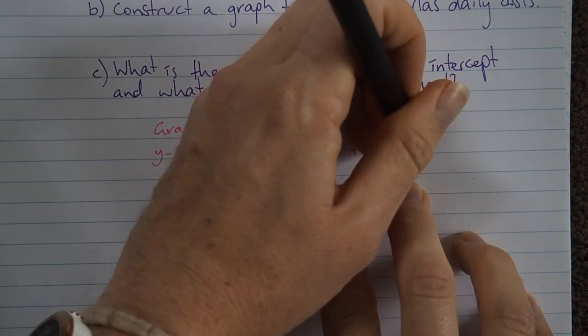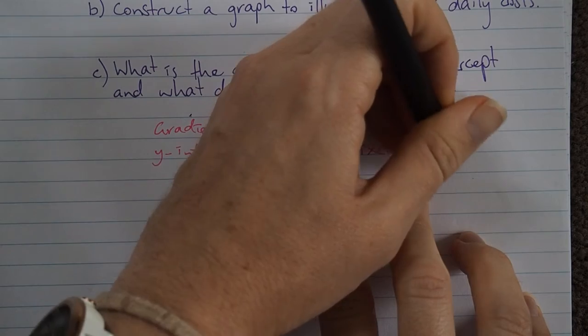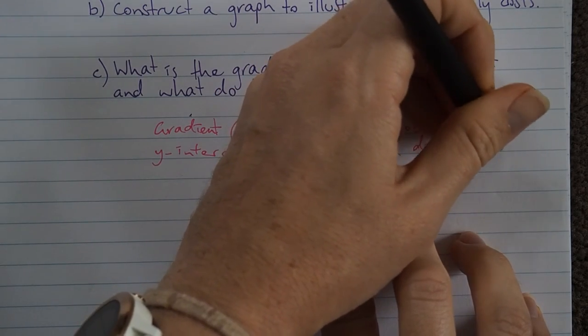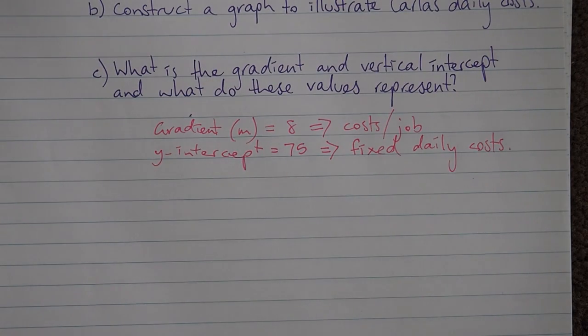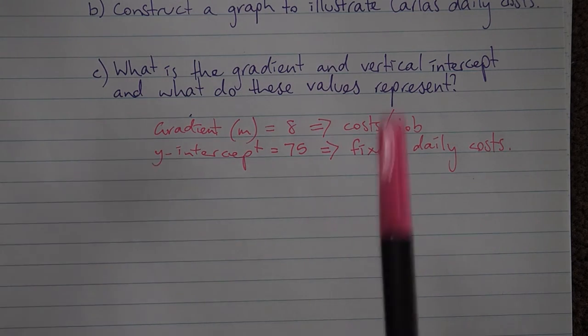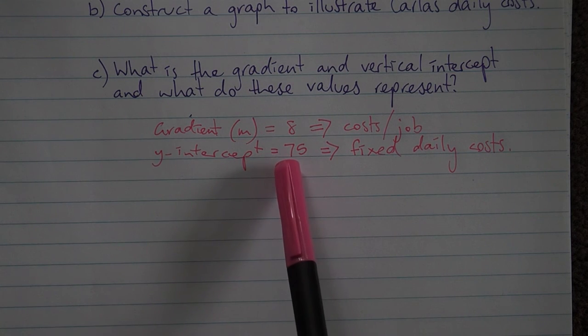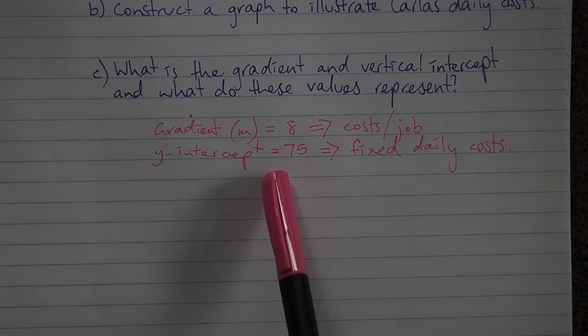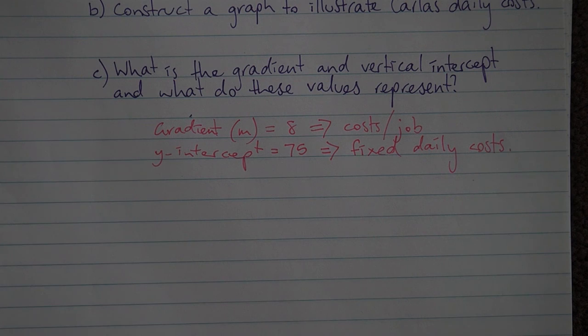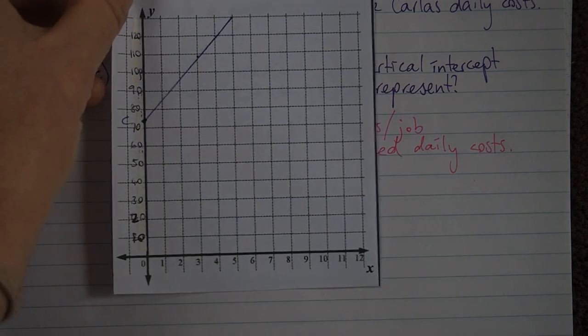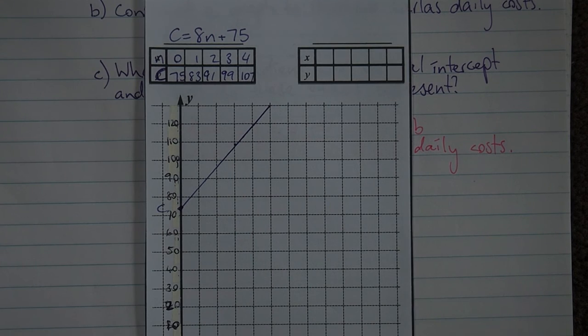So she is going to be better off doing more jobs in the day, because she's not going to start making money until she has made more than $75.